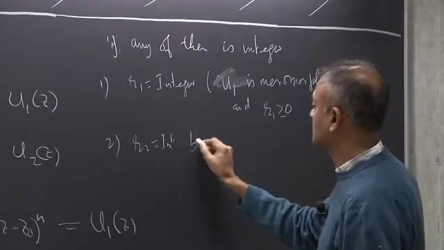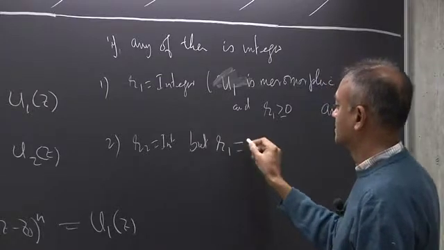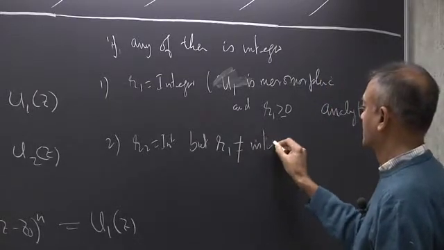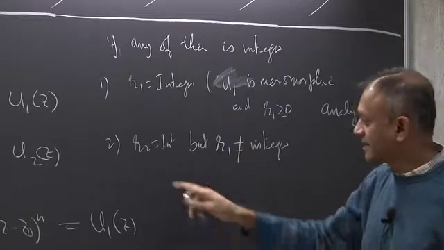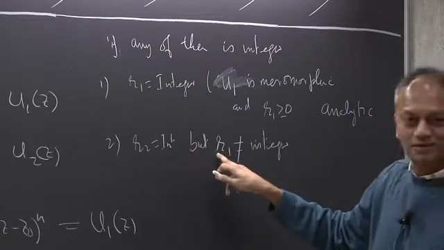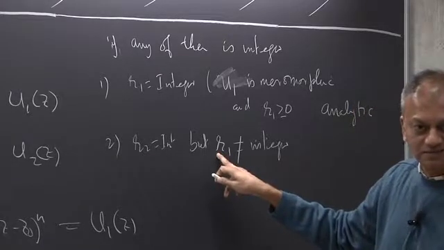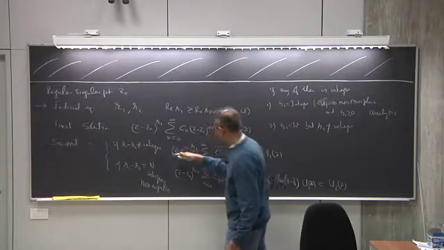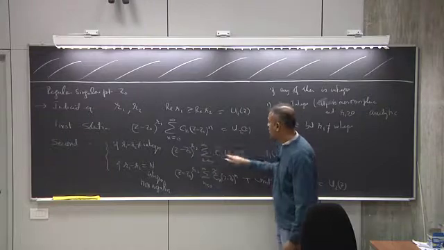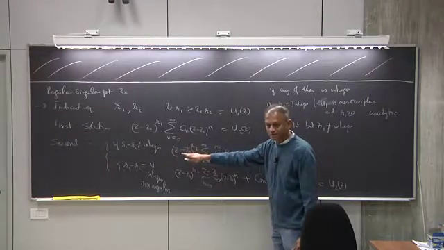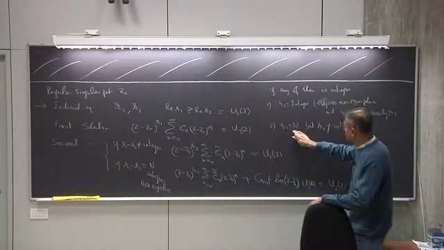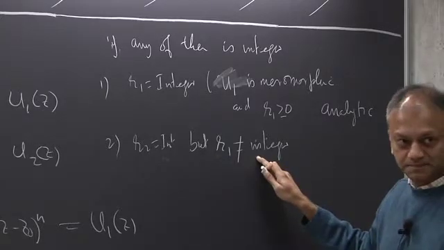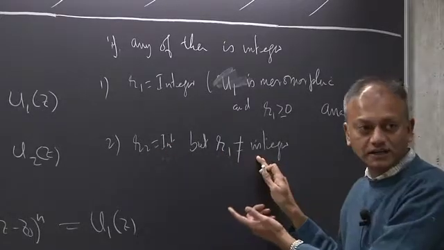The second possibility is that R2 is an integer, but R1 is not an integer. Okay. In that case, obviously, R1 minus R2 is not an integer, right? You see, I'm saying that if R2 is an integer but R1 is not an integer, then the difference between these two is obviously not an integer.